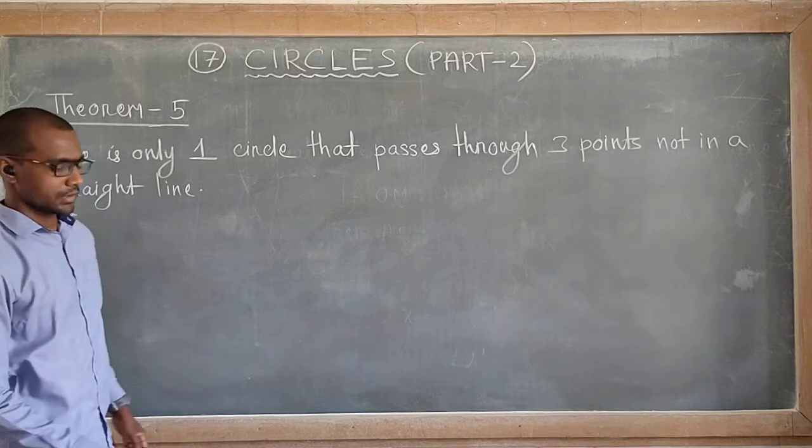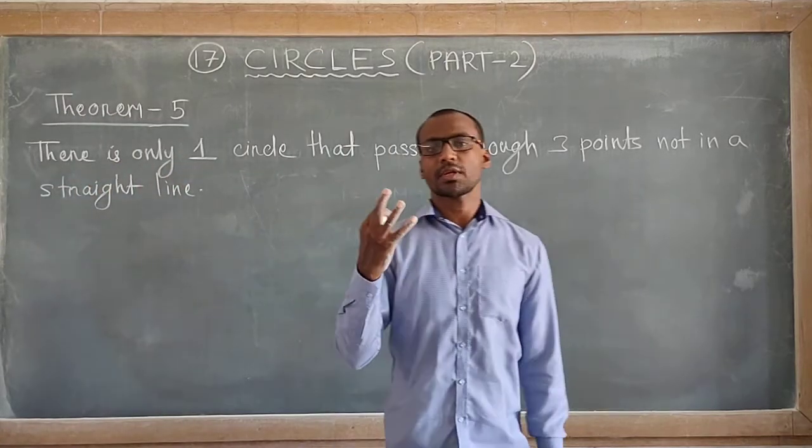Okay? There is only one circle that passes through 3 points not in a straight line.